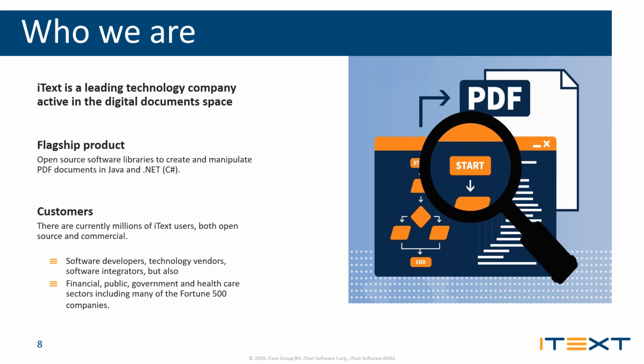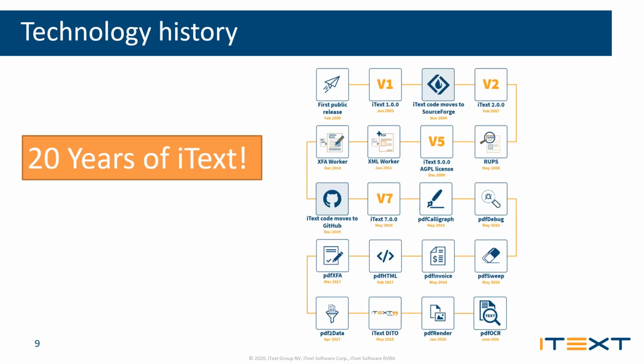So both AGPL and commercial license. Even though iText started off as a Java project, we have long supported .NET as well, in the form of C#. And as you are going to see in the next slide, we've been very busy over the last 20 years. So you can see here a quick overview of what we've been doing.